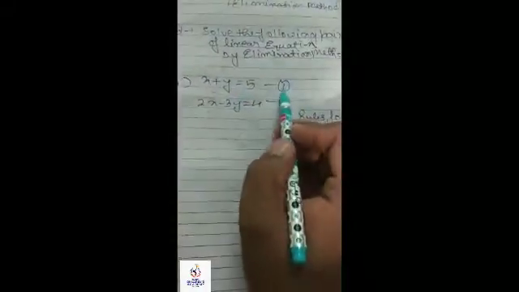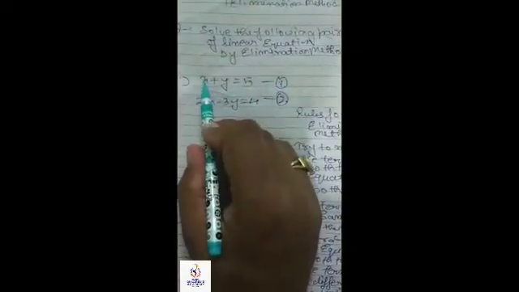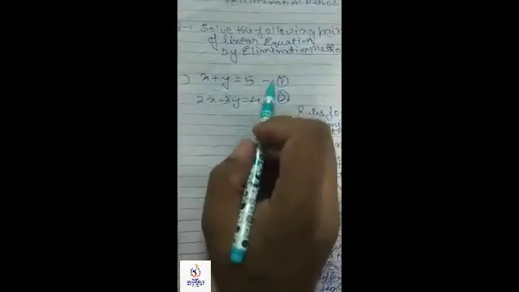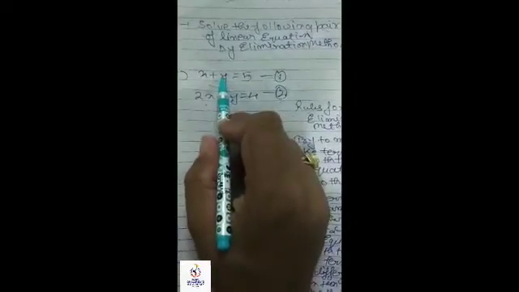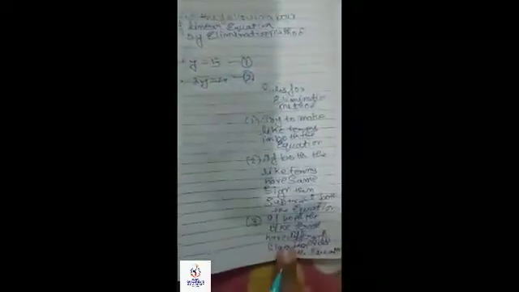So if we multiply with 2, it will be 2x, or if we want to make like terms of y, we can multiply it with 3 also, but here we can use anything. So always try to add the equations.